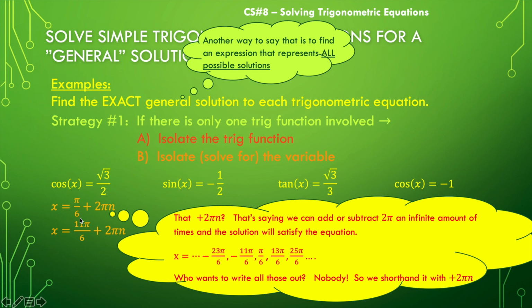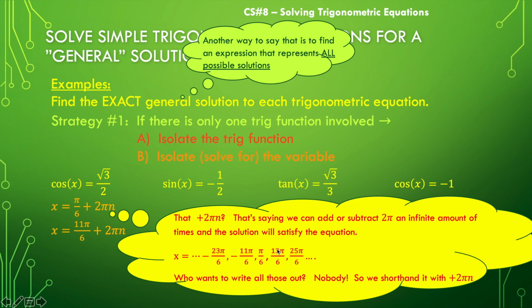Now remember that with a general solution, we are going to add plus 2 pi n as part of our answer because that's really saying that I can add 2 pi an infinite number of times, and the solutions that come out from that will satisfy this equation. So in this case, if I'm looking at this pi over 6, if I added 2 pi, I'd get 13 pi over 6.